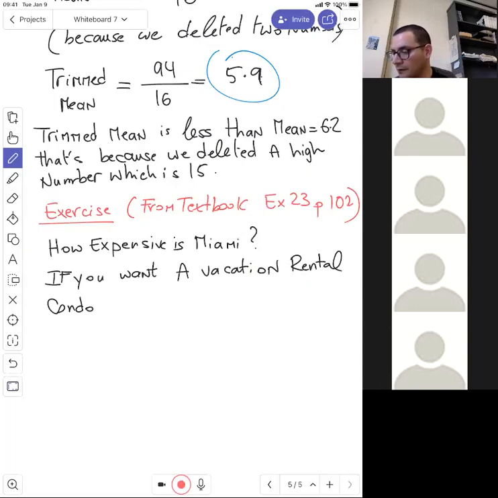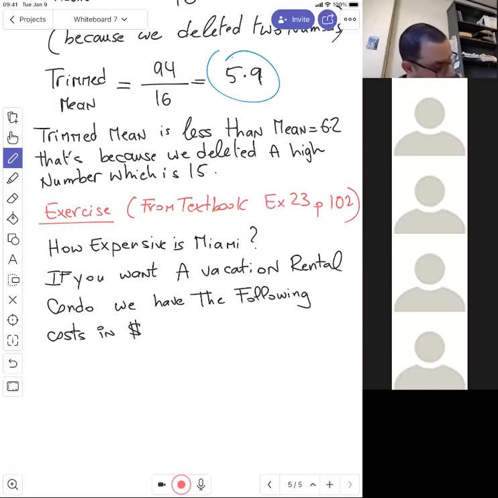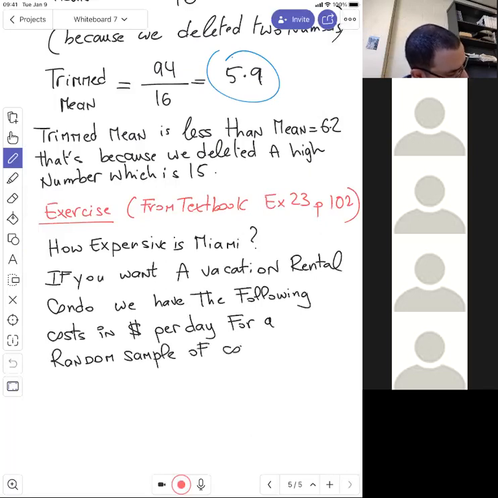We have the following costs, in dollars of course, per day, for a random sample of condos in Miami.